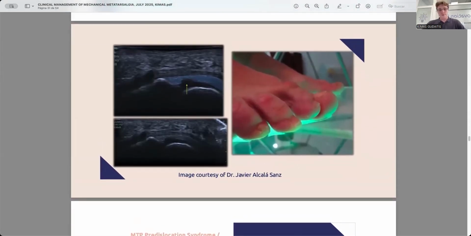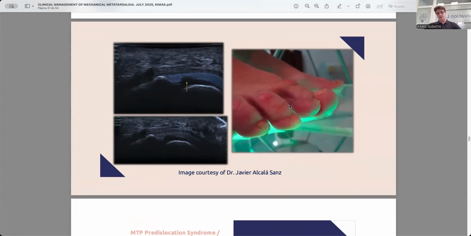Here we have more images where we can see the partial rupture of the plantar plate in this ultrasound image. As a result, here is a floating toe, this one, showing a deformity and the presence of a dorsal heloma. This heloma is already a sign that the joint is becoming rigid.